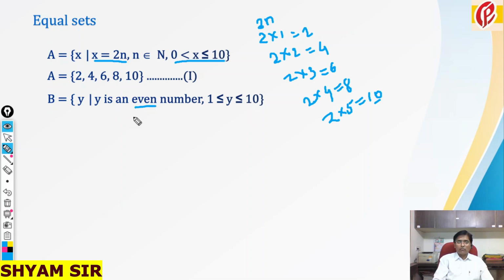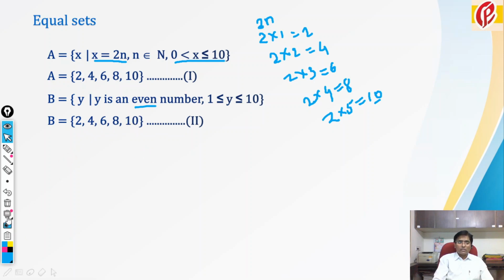So what are the values of y? Even numbers are 2, 4, 6, 8, like this. But the condition is y is between 1 and 10 and equal to 10. So the even numbers are 2, 4, 6, 8 and 10. So the elements of B are B is equal to {2, 4, 6, 8, 10}.